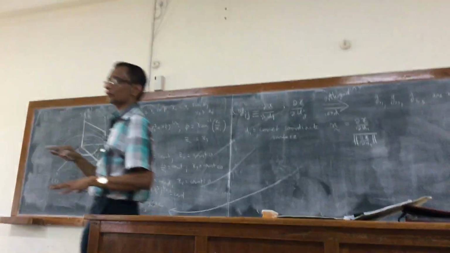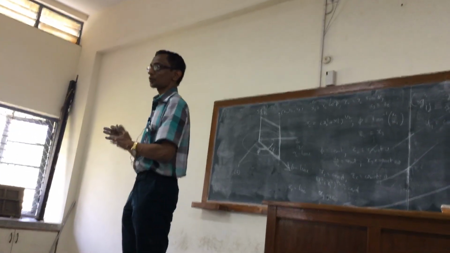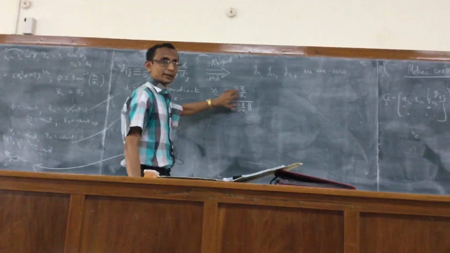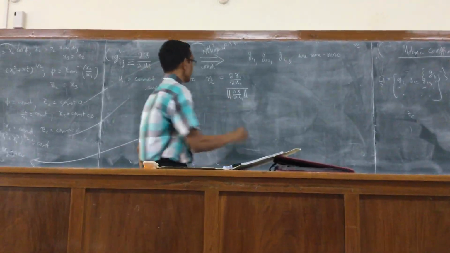I'm not defining it in terms of the tangent vector only, because they will be proportional for the orthogonal case. So if you want the unit normal, this we have already calculated. This is what it would be.